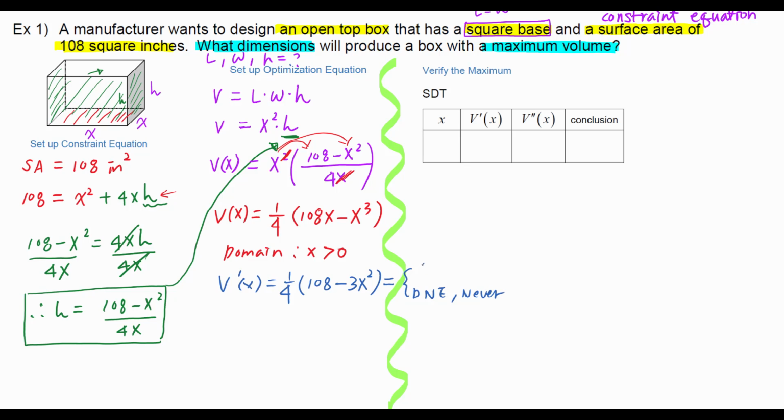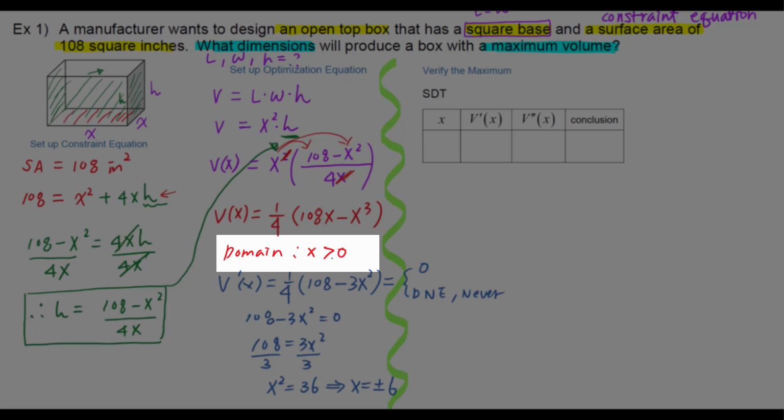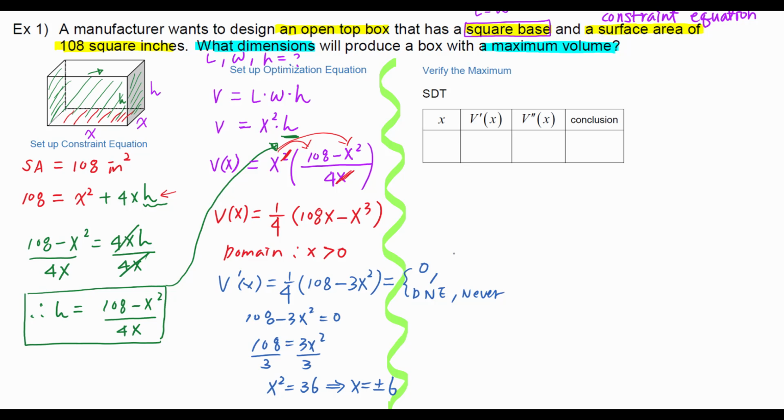It could be equal to 0 if 108 minus 3x squared is 0, which means 108 equals 3x squared. Divide by 3 on both sides: x squared equals 36, which gives me x equals plus or minus 6. But x cannot be negative 6 since my domain is x greater than 0. So you will choose the critical number x equals 6.